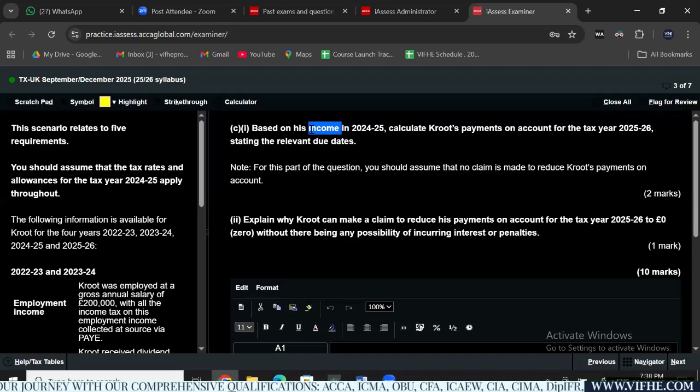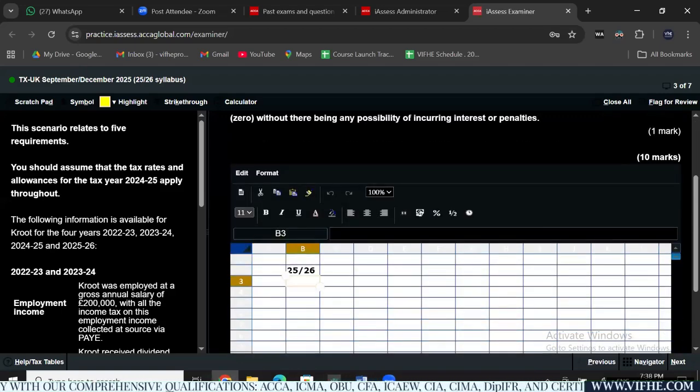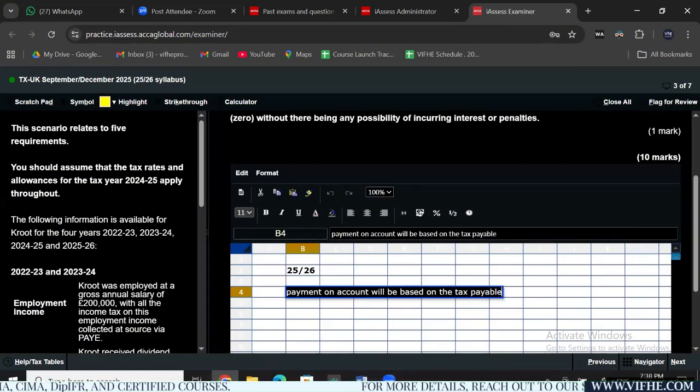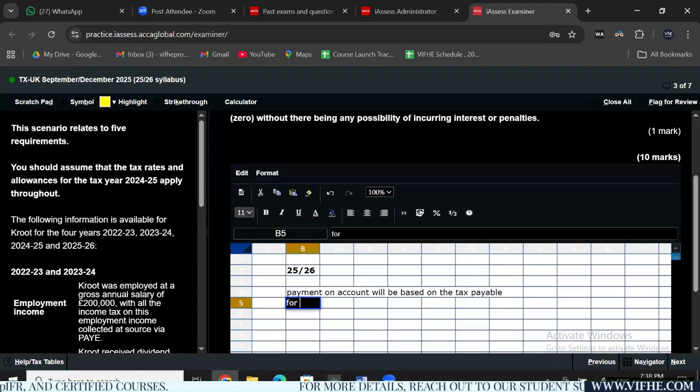Okay, so 20,039. The payment on account will be based on the tax payable for the tax year 24-25.